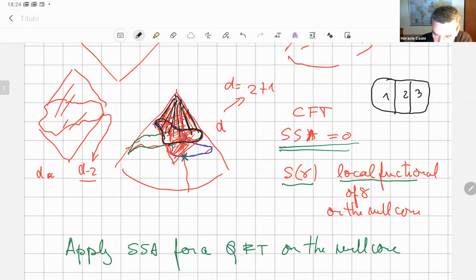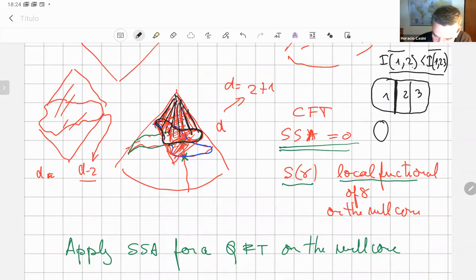The mutual information of 1, 2 is smaller than the mutual information of 1, 2, 3, because of monotonicity. But both of them are divergent because they have the same boundary. So region 1 and region 2 are touching each other.